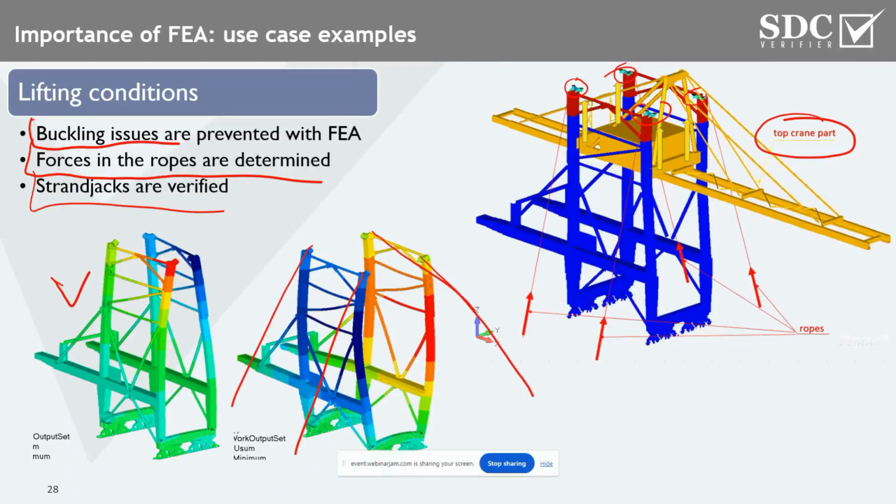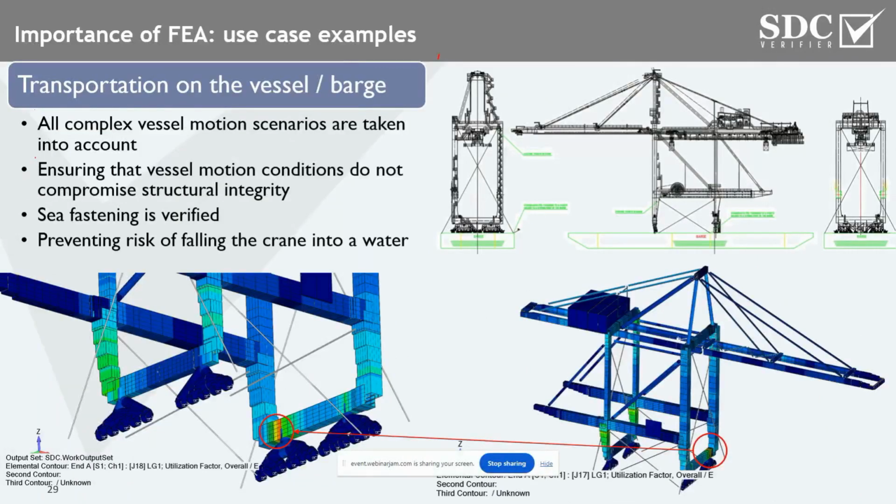So another nice example of intermediate case is transportation on the vessel or the barge. The barge in the current case you see in the picture. So such important impact as vessel motion scenario should be taken into account, which once again proves that traditional methods are not enough here and a more advanced FEA approach should be used.